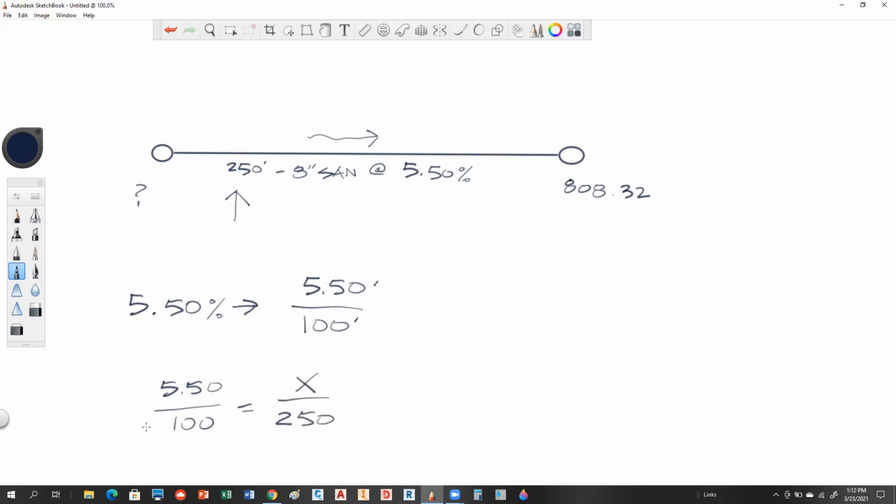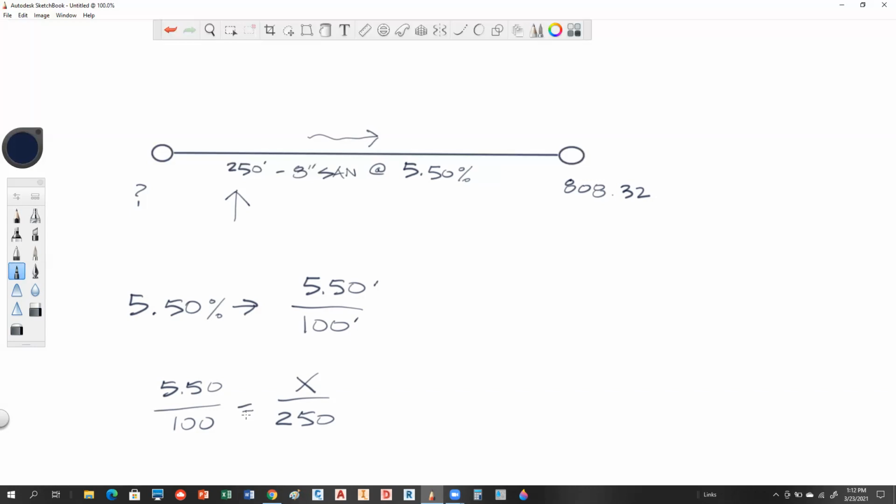Because this slope has to be equal to this slope. Everybody see that? So can we solve that proportion? Yes. Okay, how do we solve it? 250 times 5.5 divided by 100. All right, let's do that. So we have 5.5 times 250 divided by 100.